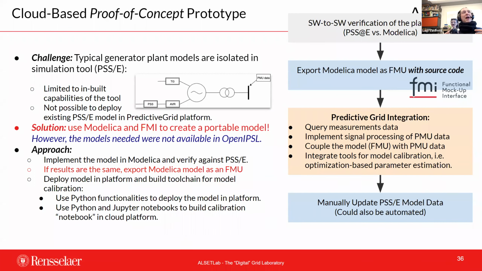Here are the steps that we do to couple the measurements, the model, and the optimization routine to do the calibration process via optimization. So just to show you here, in the corner, you see there I'm telling which parameters I want to calibrate, which is the exciter gain and time constant.